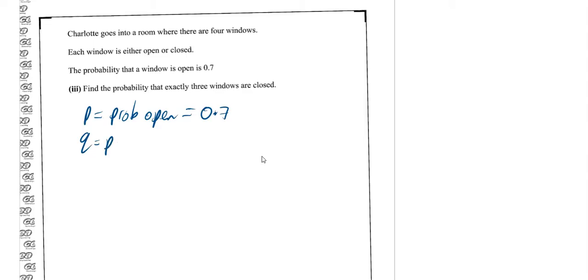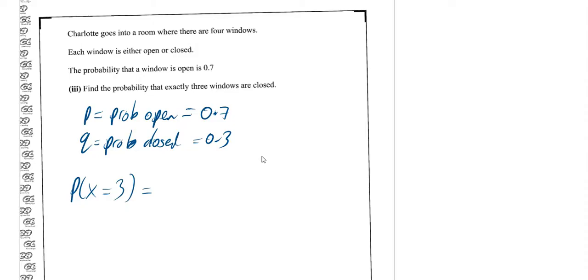Q then is the probability that something is closed, the window is closed, which is going to be 0.3. So there are 4 windows. We want to have probability that you have 3 things closed.